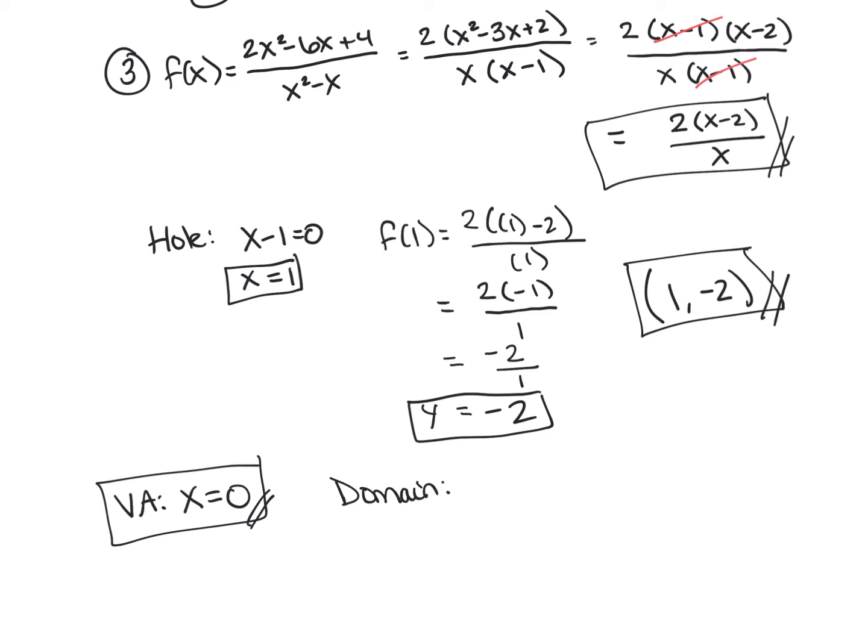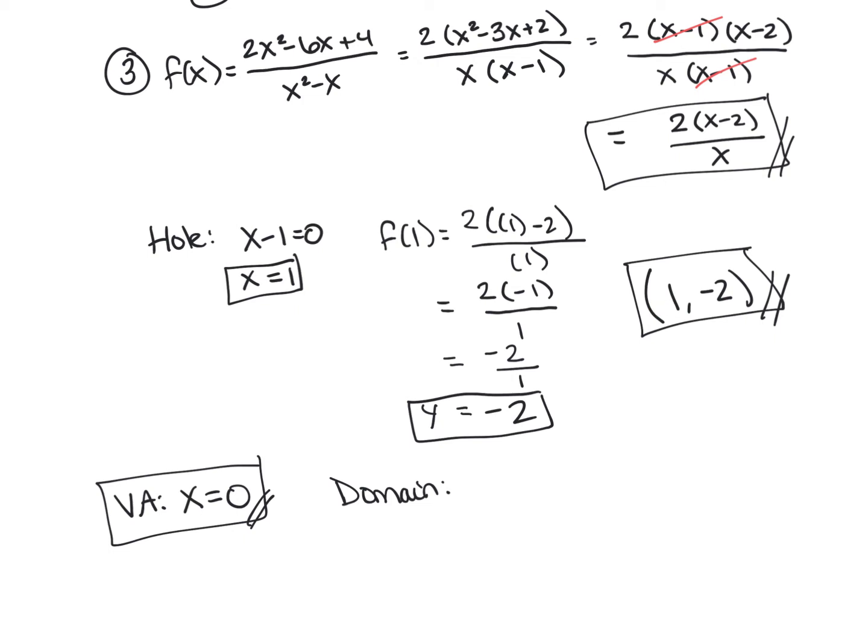Now, if we take a look at the domain, I'm actually going to have 2 breaks in my domain instead of just 1. I'm going to have my vertical asymptote, and I'm going to have my hole. That's because it's an open point in my graph. I won't actually have an x at 1. That's going to be an open point.